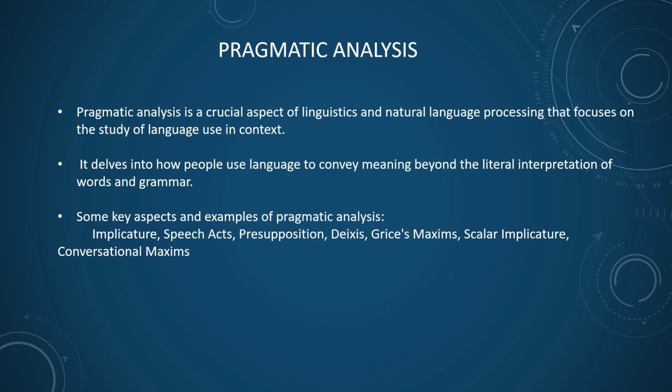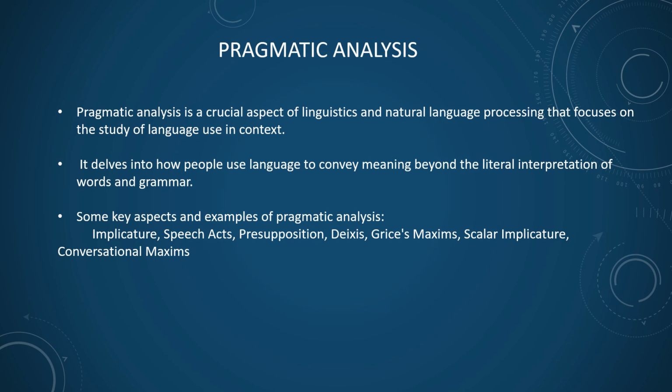Grice's cooperative principle outlines four maxims that guide effective communication. Maxim of quantity: provide just the right amount of information, neither too much nor too little. Maxim of quality: say only what you believe to be true. And maxim of relation: make your contribution relevant to the ongoing conversation.